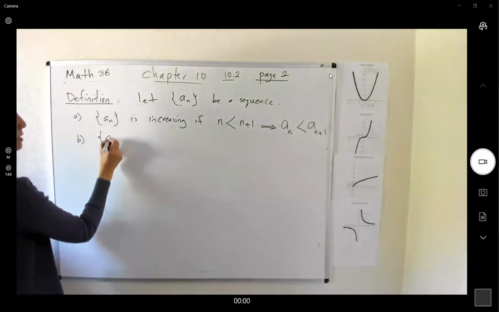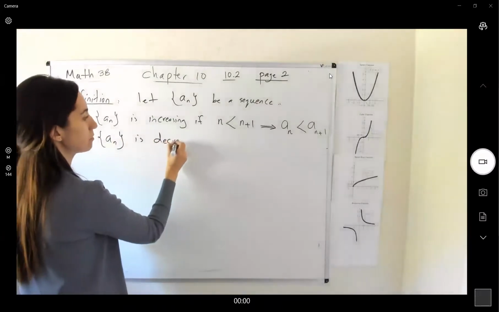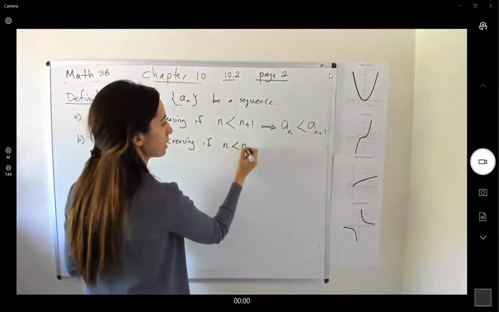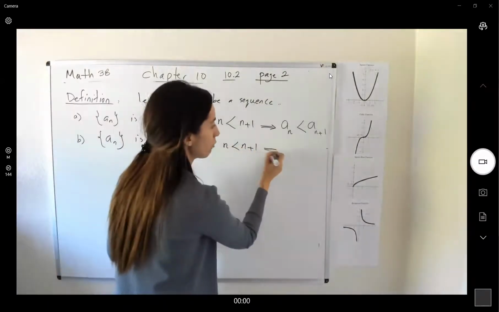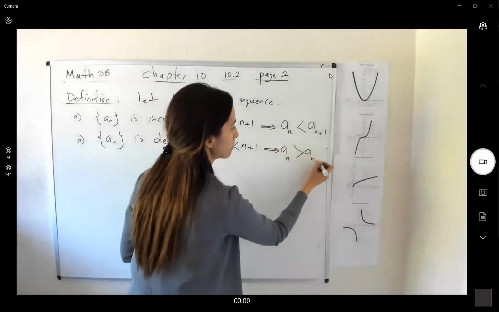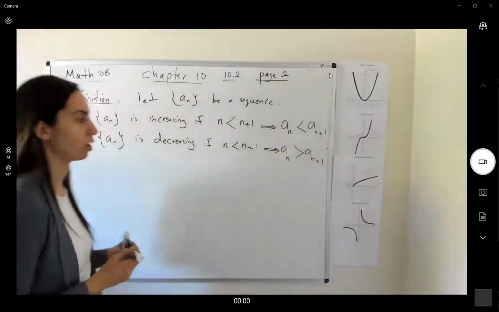We say that a sequence like a sub n is decreasing if n is less than n plus 1 on the x-axis, your y values are getting smaller and smaller. So a sub n is greater than a sub n plus 1.